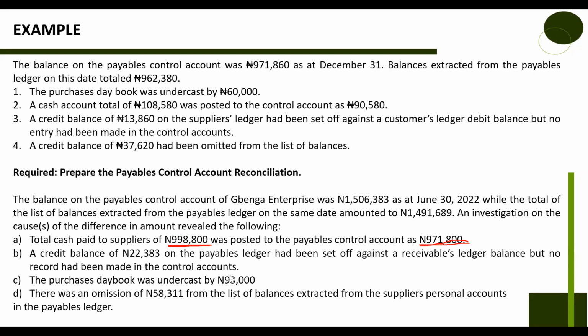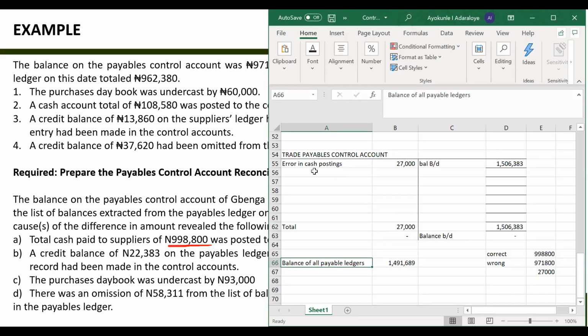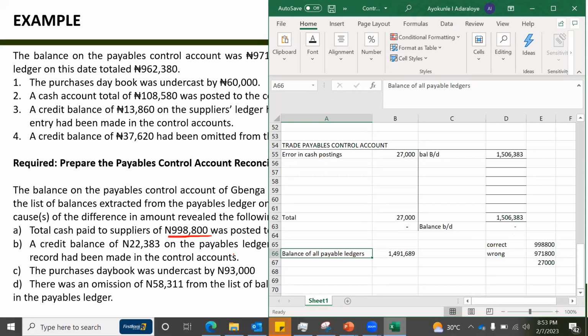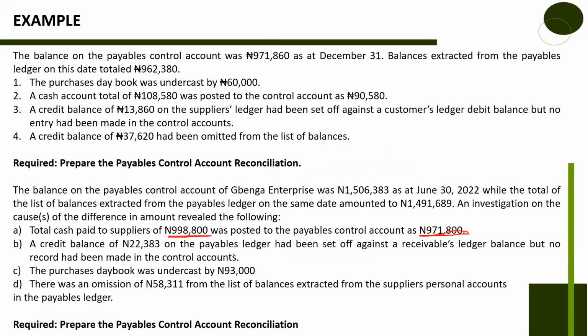In the control account. So where do we make this adjustment, please? Motunrayo, are we making the adjustment in the individual ledger account or in the control account? In the control account, and we are setting off payables and receivables.